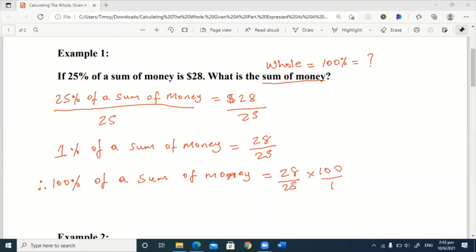And why do we multiply this by 100? If we know 1% of the thing, we can find 100% by adding up this 28 over 25, 100 times. But you learned that repeated addition is multiplication.